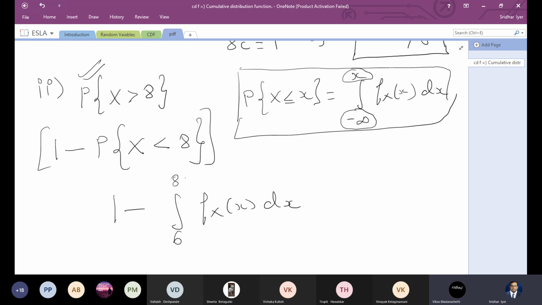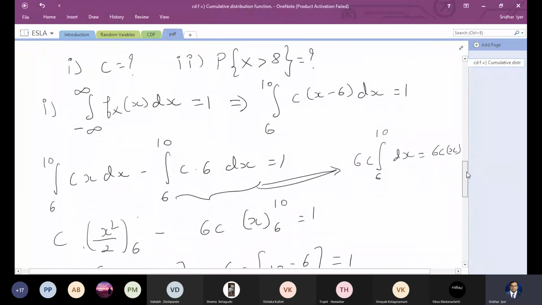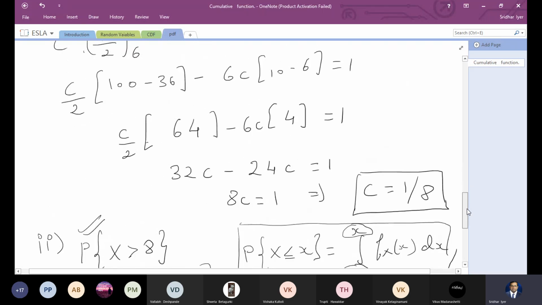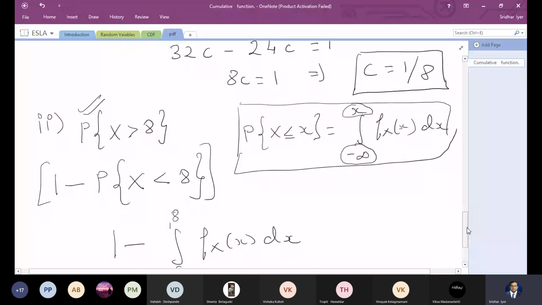No, sir. Okay. So in general, you have to understand the difference between what we have done in part 1 and part 2. In part 1, you have done the total of the probability. Therefore, the limit was from 6 to 10, minus infinity to plus infinity. In the second part, you do not have to calculate the entire experiment, because the problem is asking you to calculate only till point 8.